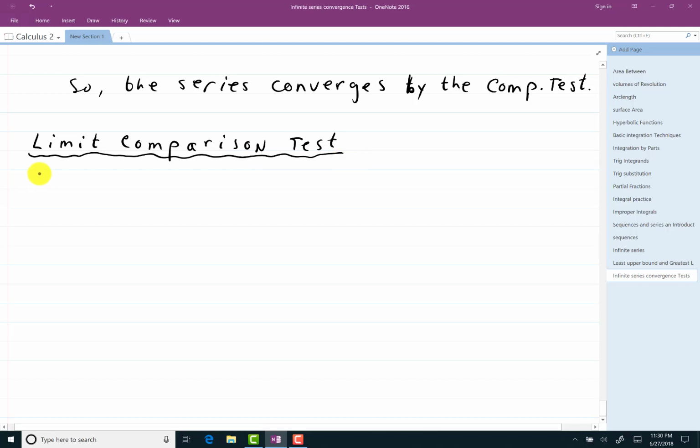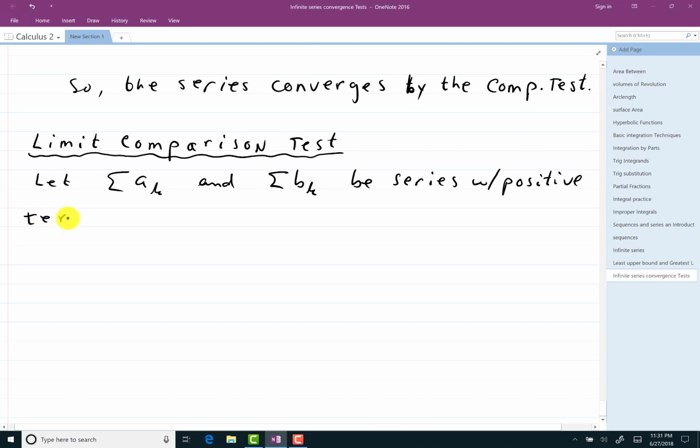So let a sub k and b sub k be series with positive terms. All right, suppose these are two series of positive terms, and the limit as k goes to infinity of a sub k over b sub k equals some number L.